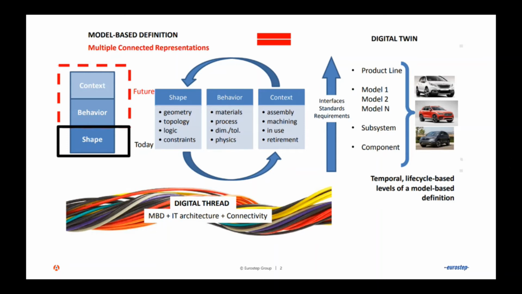And also the context. How did the product look like when we gathered this information? How was it produced? How was it used? What parts were retired, and so on. These are very important things of a digital twin. And that's when I think that what we have in PLCS that we talk a lot about is exactly that. We deal with all these things in a consolidated, integrated manner.